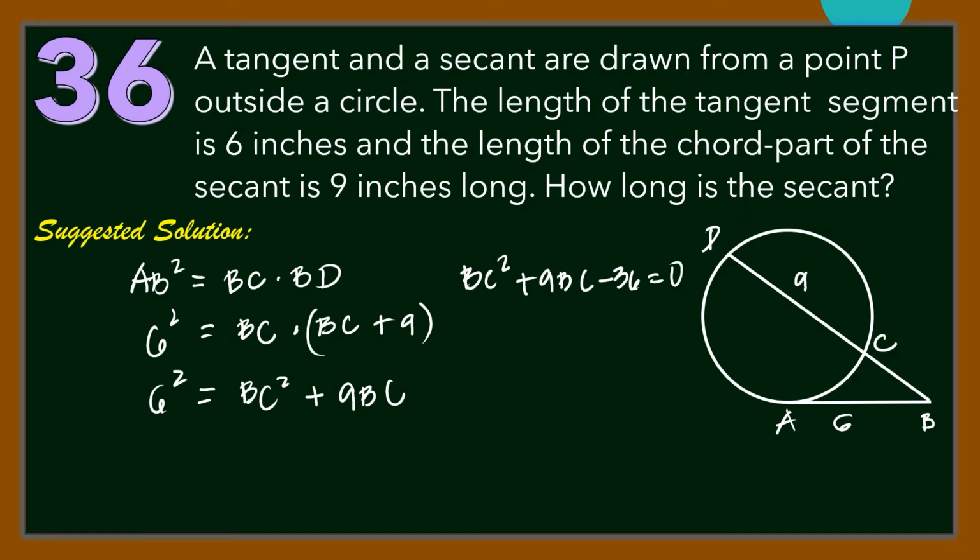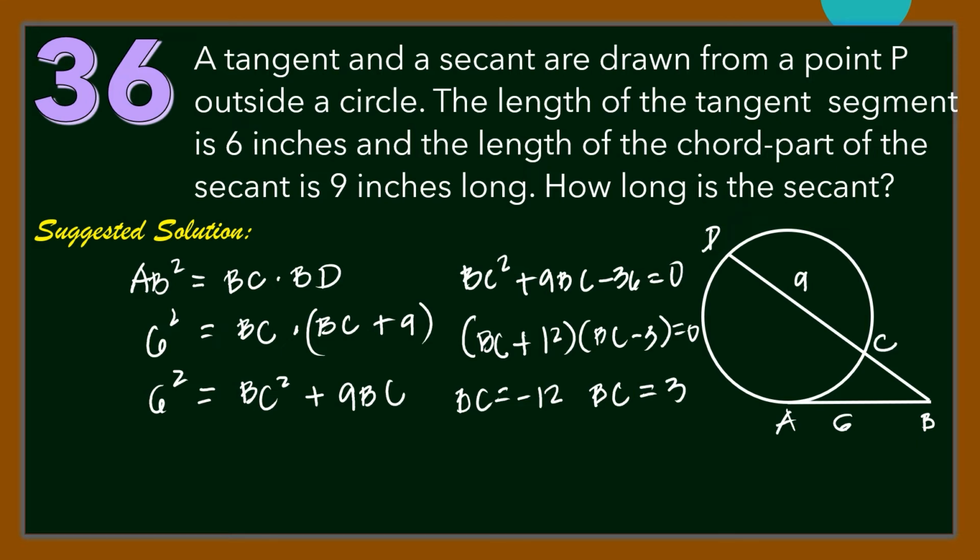Factoring this quadratic equation, we have BC plus 12 times BC minus 3. Equating each factor to 0, then we have BC is equal to negative 12 or BC is equal to 3.